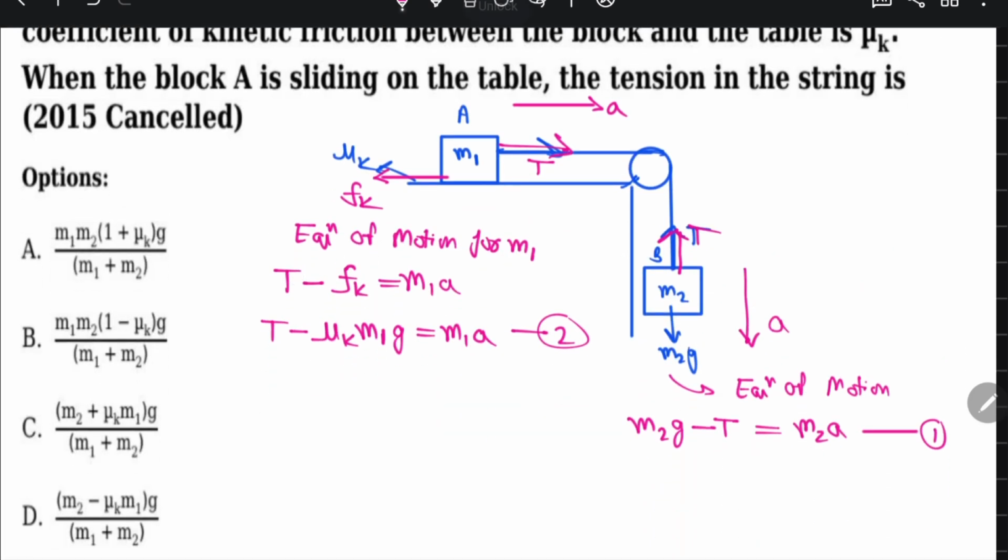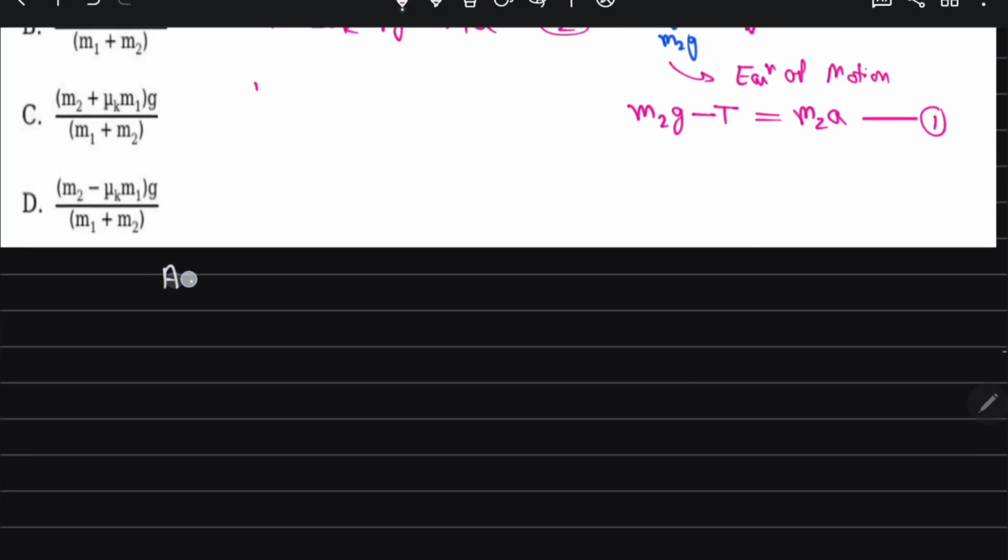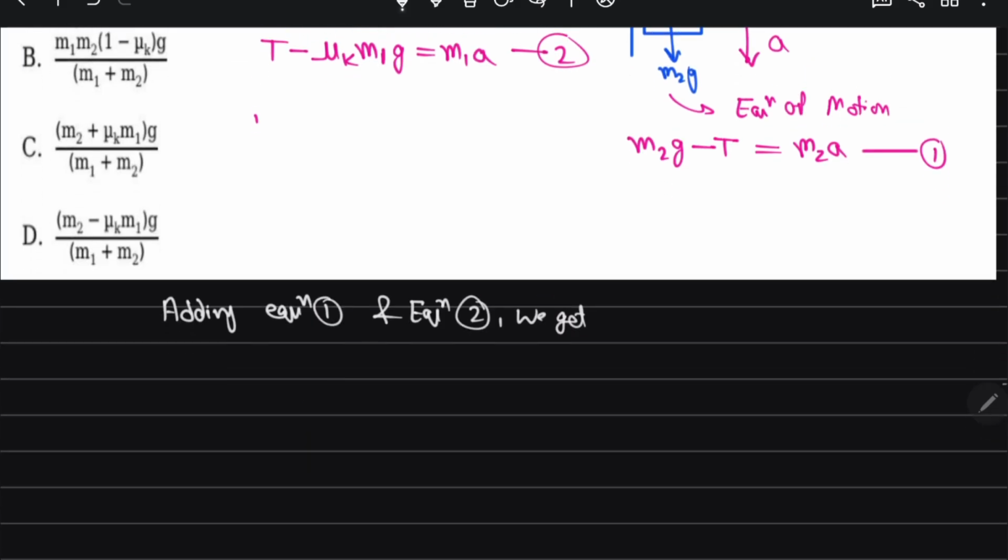They are asking the tension value. So what I do is just add equation first and equation second, we get m2 g minus mu k m1 g is equal to m1 plus m2 into a.